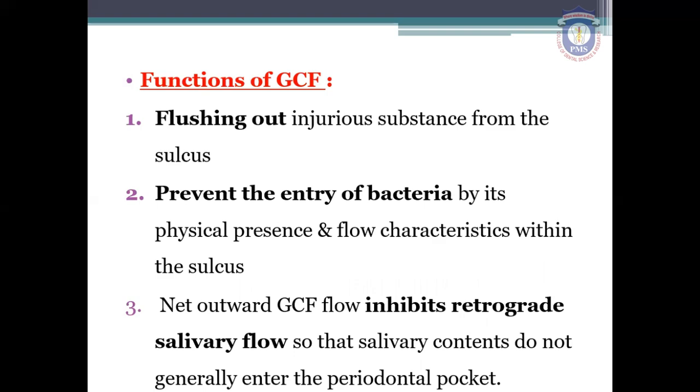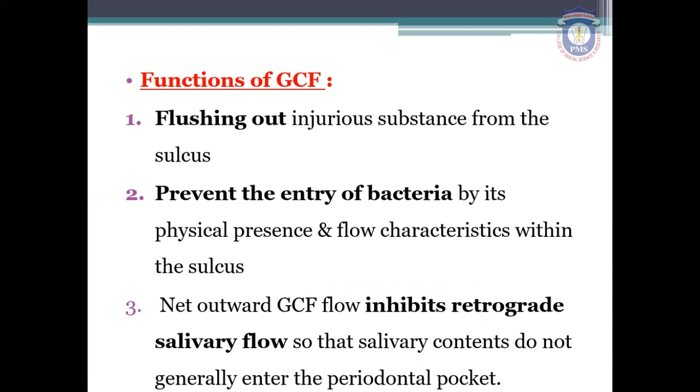So, coming to the functions of GCF, it helps to flush out the injurious substances from the sulcus and also prevent the entry of bacteria into the sulcus because of its physical presence in the gingival sulcus.